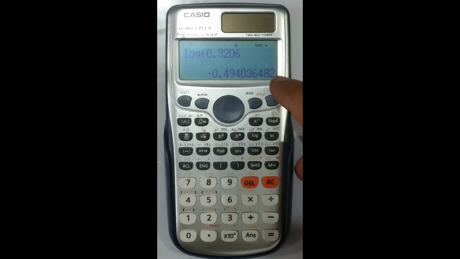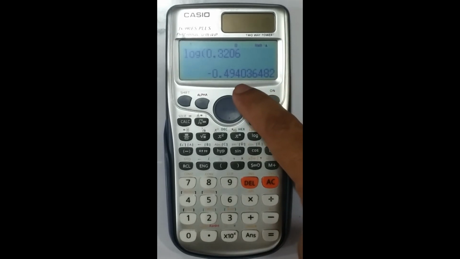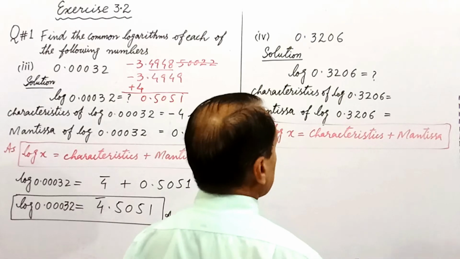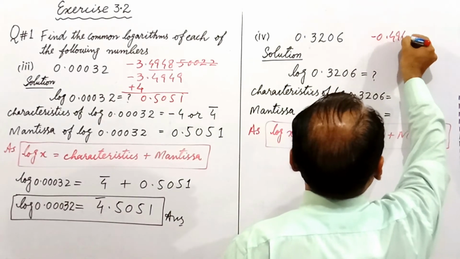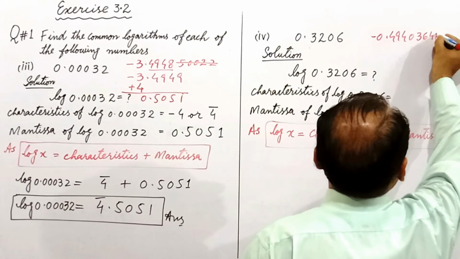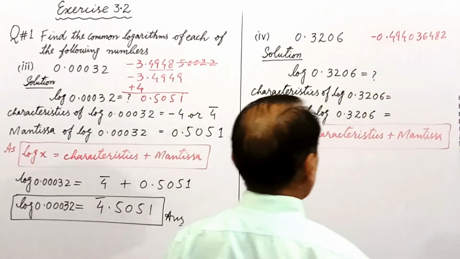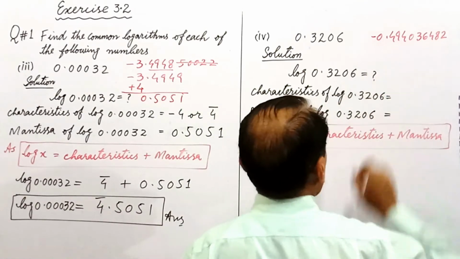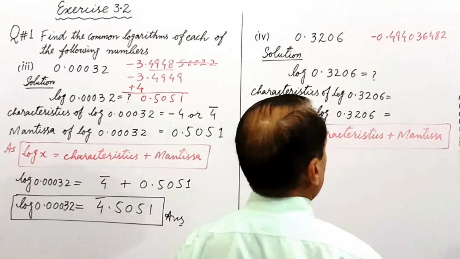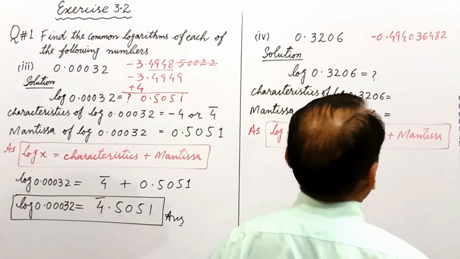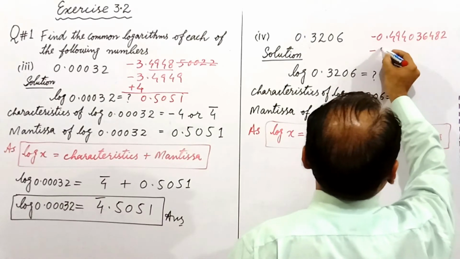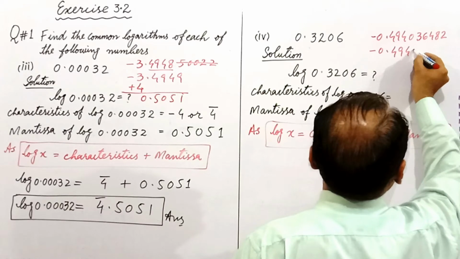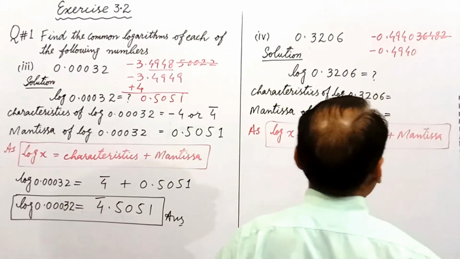We get a 10-digit number on the display, minus 0.4940364882. As we have to restrict it to 4 decimal places, by rounding we get minus 0.4940, and the remaining digits are removed.